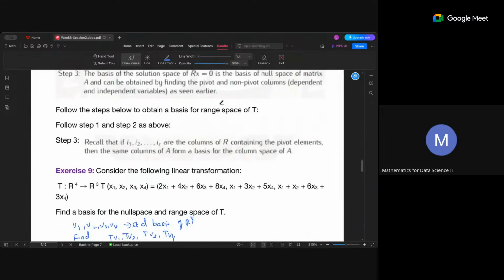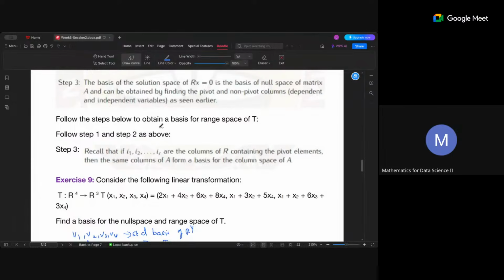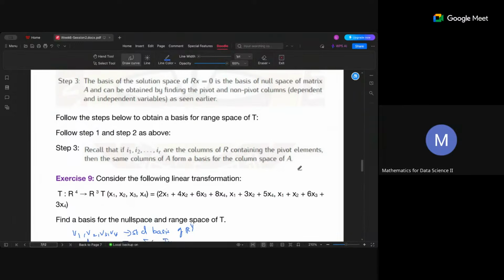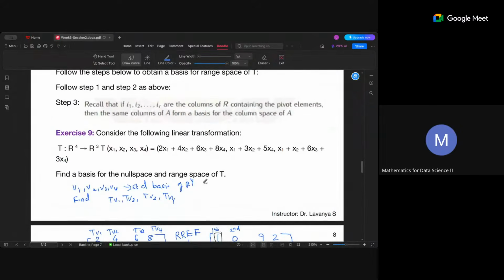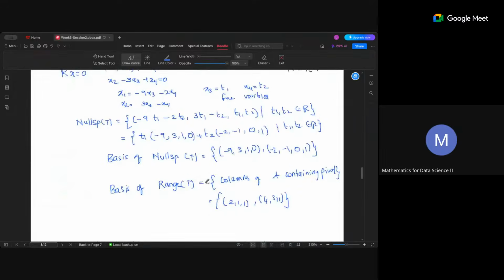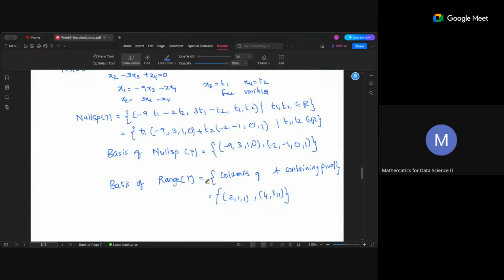For the range space, look at the columns of R containing the pivot elements and choose the same columns of A. That gives the basis for the column space of A, or the range space of T. Is that clear? Yes, ma'am. Okay, good.